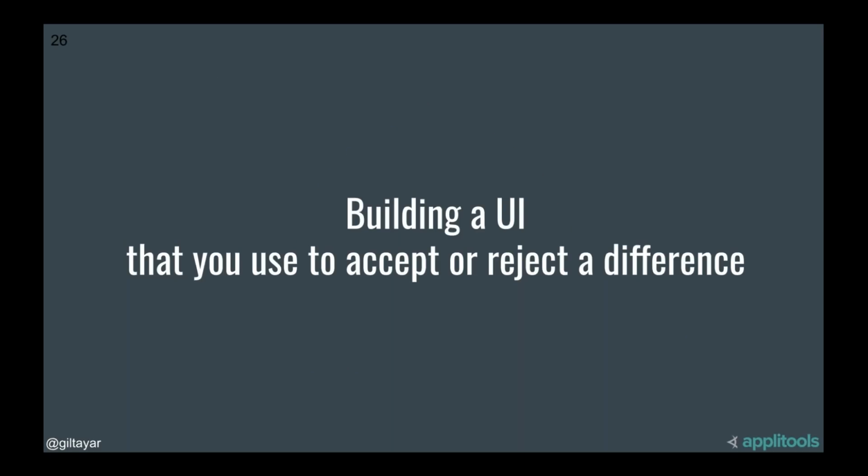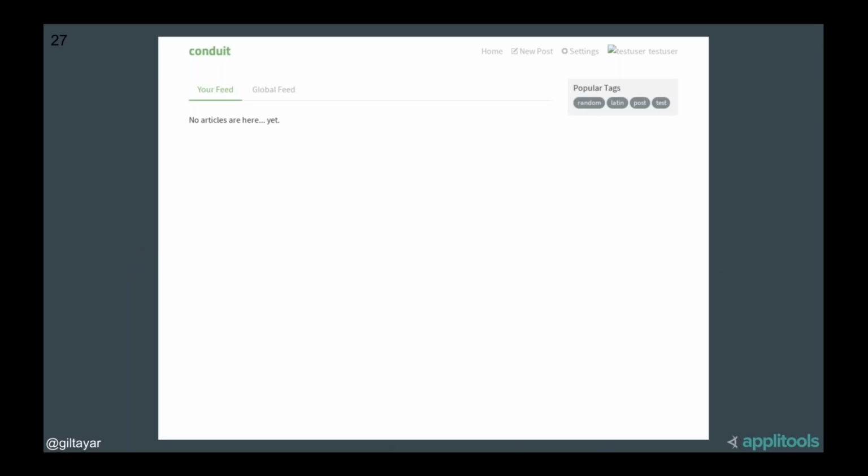Because building a UI that you use to accept or reject a difference is actually frighteningly complex. So if we look at an example here, I'm switching between a baseline and the checkpoint image, the current image, and you can barely see the difference.